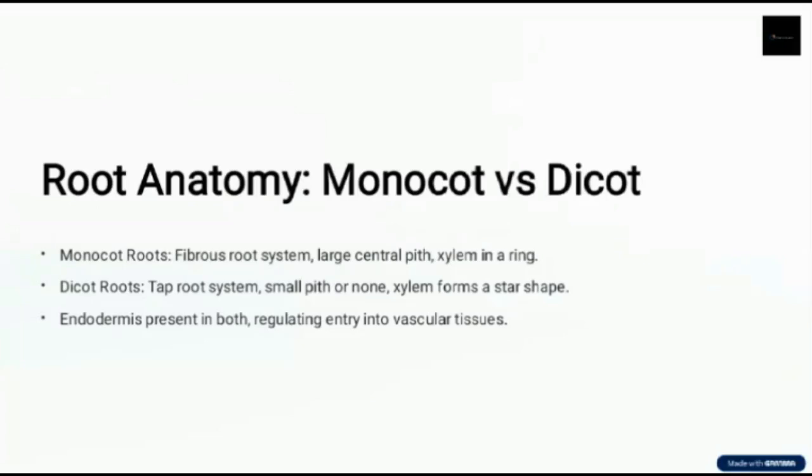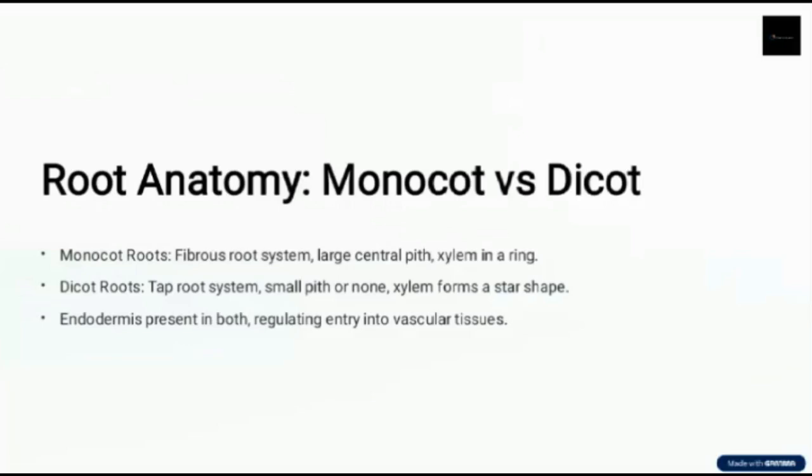But dicotyledons have very strong tap roots that grow deep into the soil. If you cut off a transverse section, put it in a microscope and look at it, you will not see any central pit. You observe that the central pit sometimes is too small or does not exist at all.